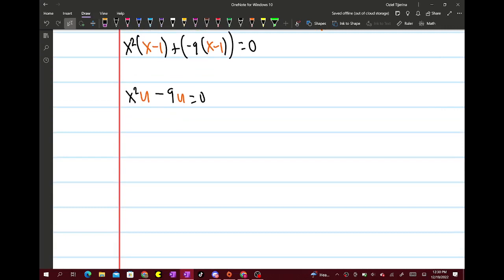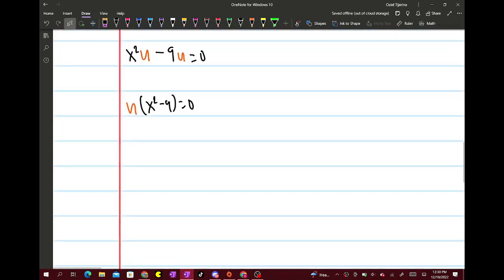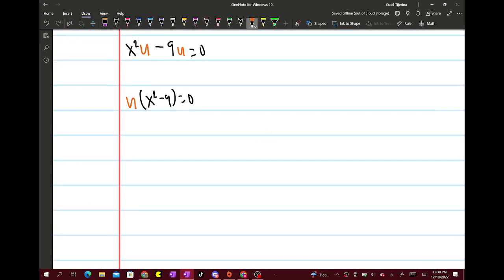Now we can factor out that u, right? So we can say u times the quantity x squared minus 9 equals 0. And we know that u is x minus 1. So really, this becomes the quantity x minus 1 times the quantity x squared minus 9 equals 0.